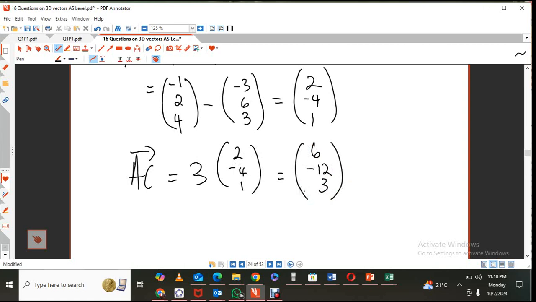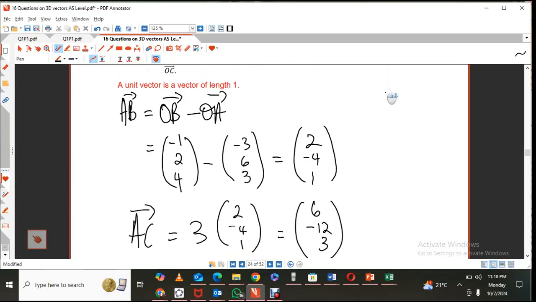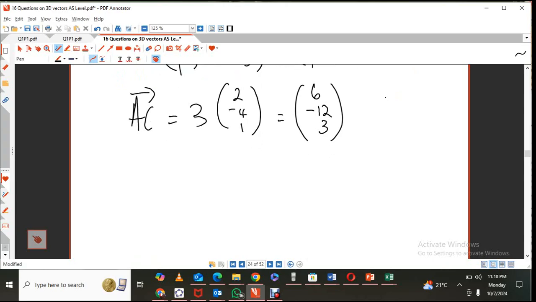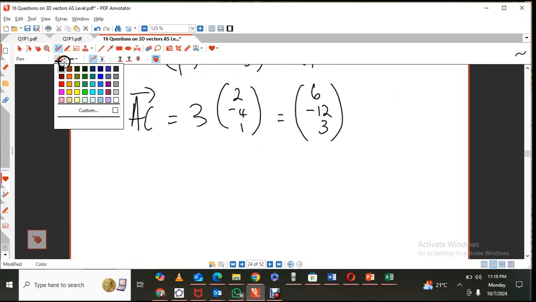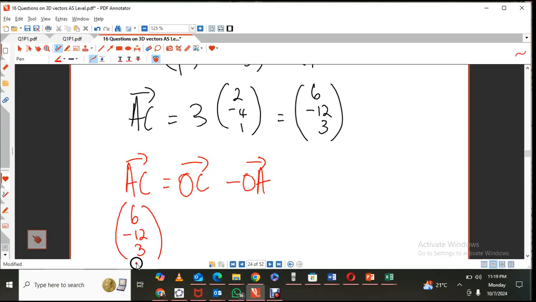And now that I have that, remember the question wants you to find the unit vector in the direction of OC. Now, I'm not done because we still have to find that OC. So what do we know? We know that AC is OC minus vector OA. AC is nothing but 6, negative 12, 3.